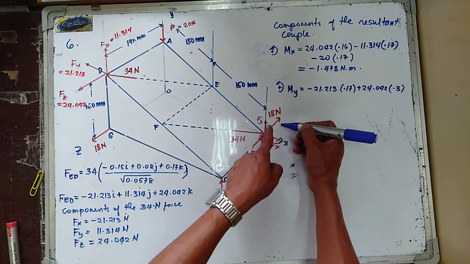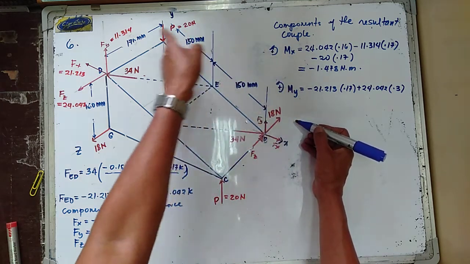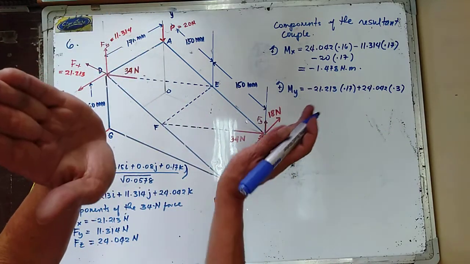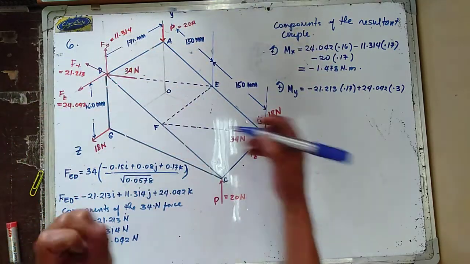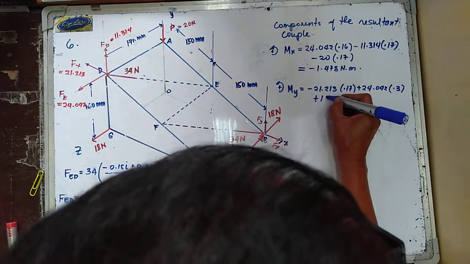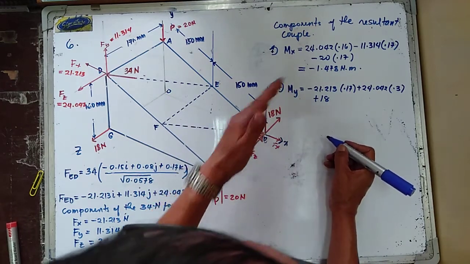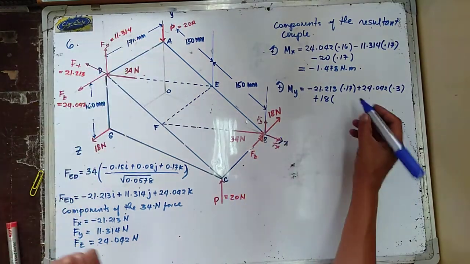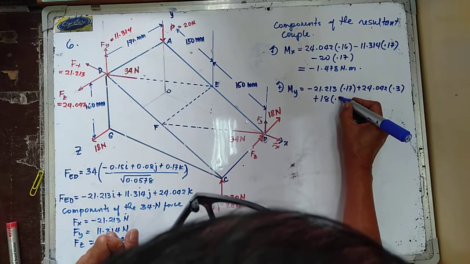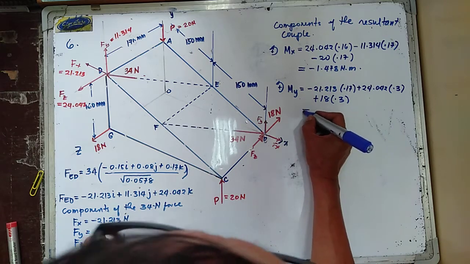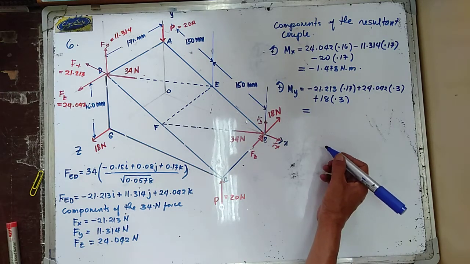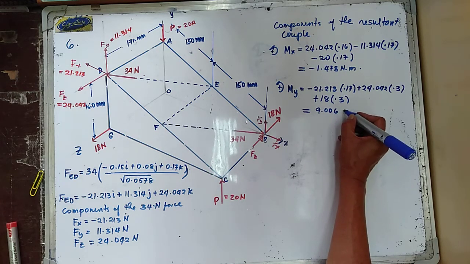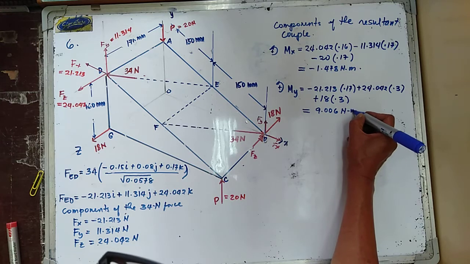Rather, this 18 newton in here will have a counterclockwise moment, so plus 18. Multiply this one by the moment arm, and the moment arm is 0.3, or 300 millimeter. So your My is now equal to 9.006 newton meter.